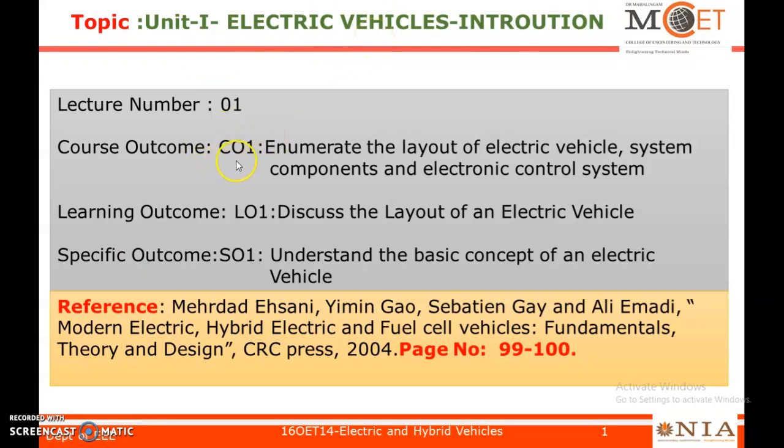So it comes under course outcome 1, which is to enumerate the layout of electric vehicle, system components and electronic control system. Under it, lesson outcome 1 is to discuss the layout of an electric vehicle, and specific outcome 1, SO1, is to understand the basic concepts of an electric vehicle.